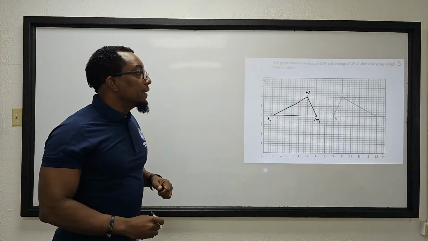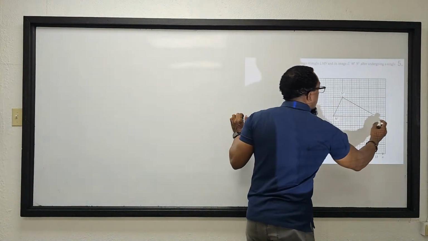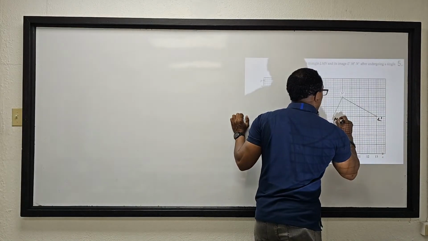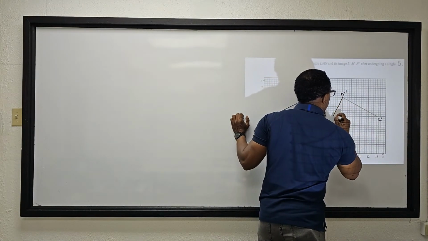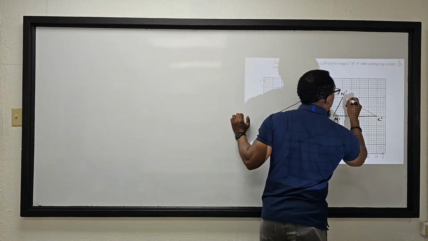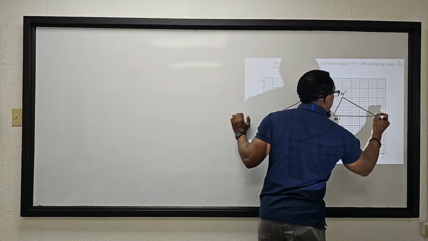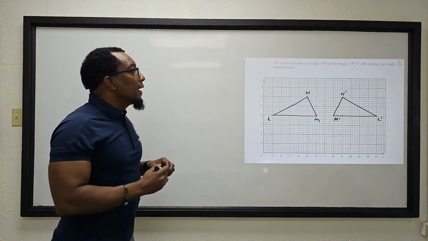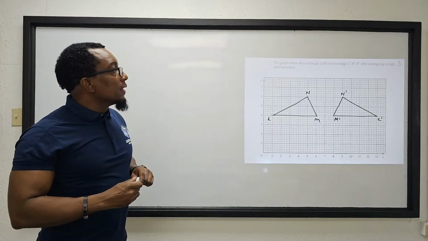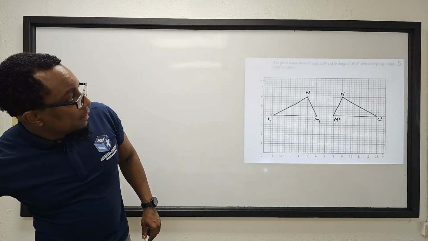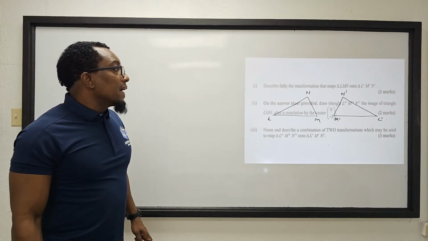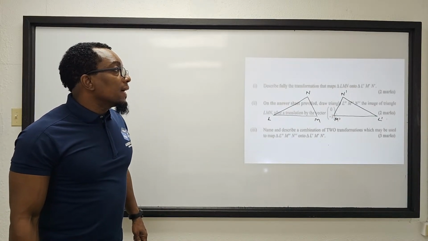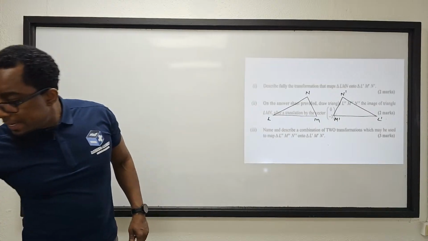That's triangle LMN, and we have triangle L prime M prime N prime. And what I want us to do is describe fully the transformation that maps triangle LMN onto triangle L prime M prime N prime.